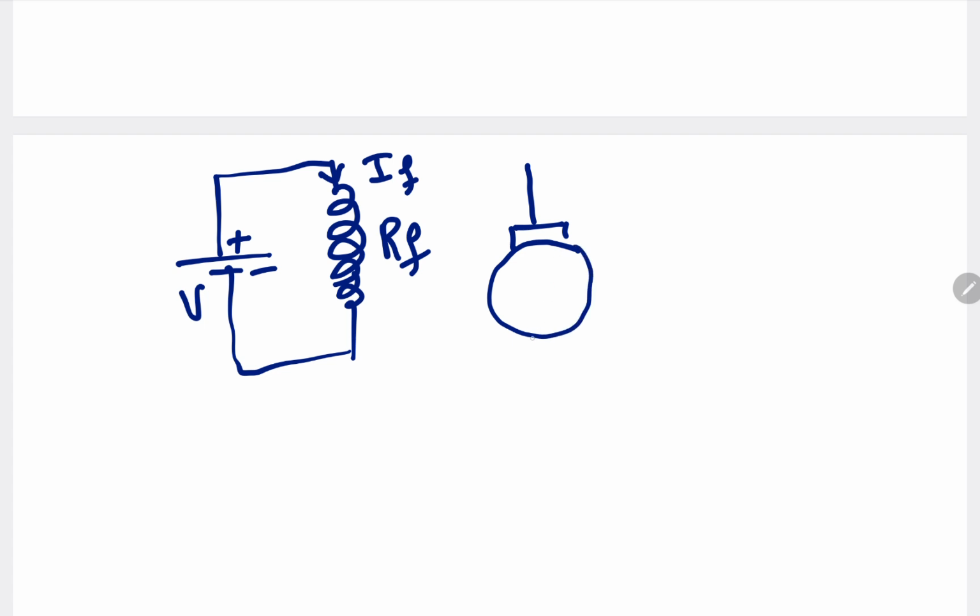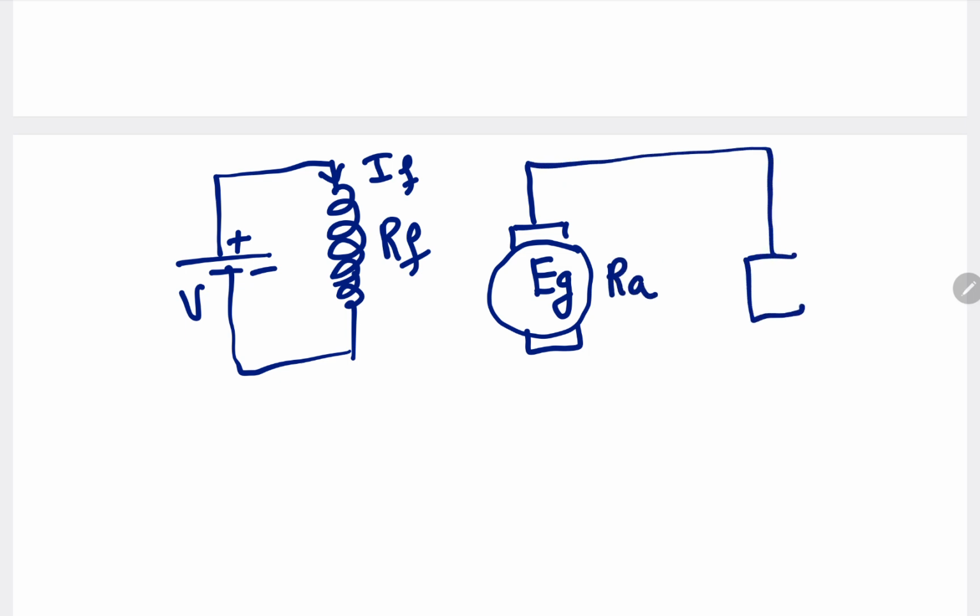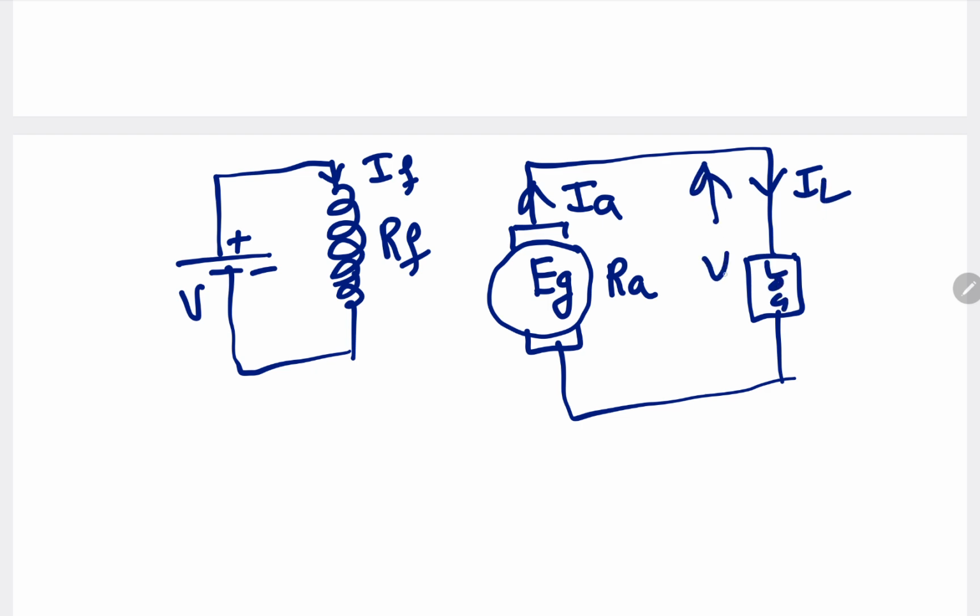Armature means a circle, with two brushes on the top. This is the EMF generated in the armature, Eg, the armature winding resistance is Ra, and it is connected to the load. The current flowing out of the armature is Ia, and the current flowing into the load is IL. This is the load, and the voltage across the load is V.